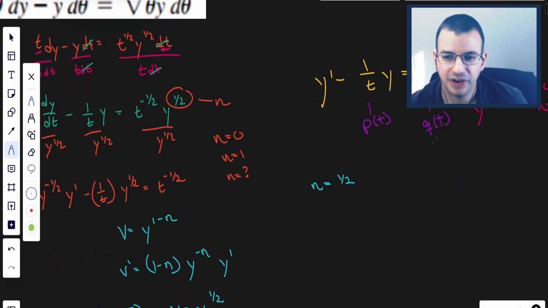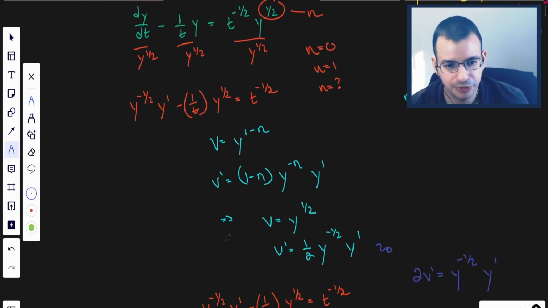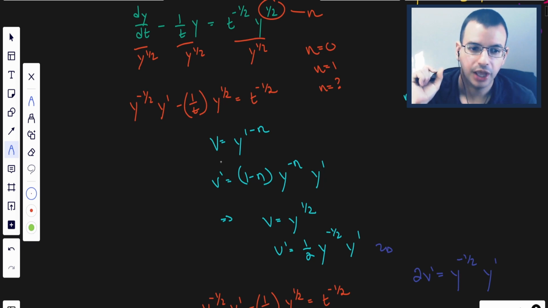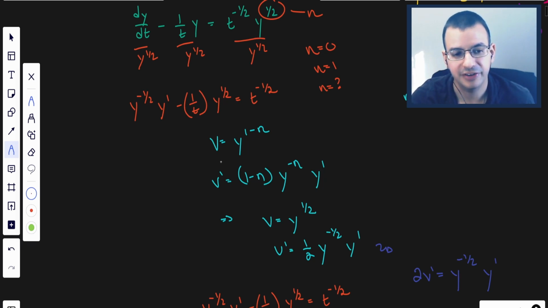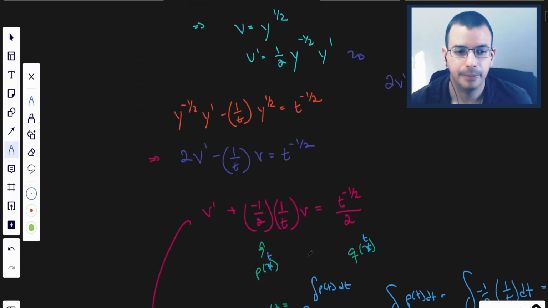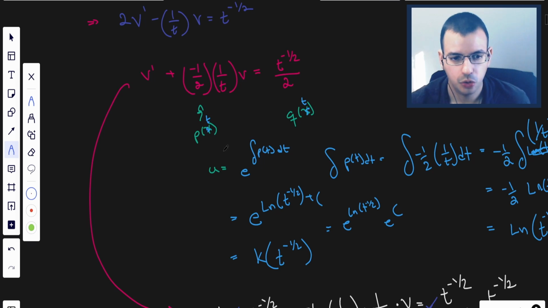So first thing we do is divide by y to the n, which reformats everything. We then say v equals y to the 1 minus n. Substitute in. We also find v prime and substitute that in. We then get v in a form that we can solve. Basically, we get a linear differential equation, and we can solve it by using an integrating factor, which we found.